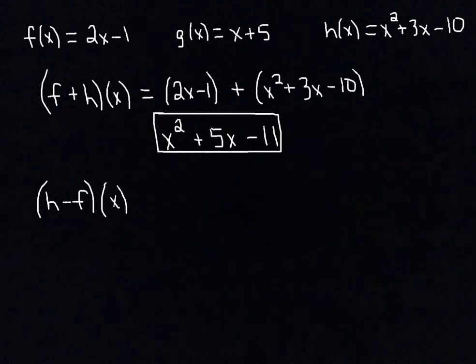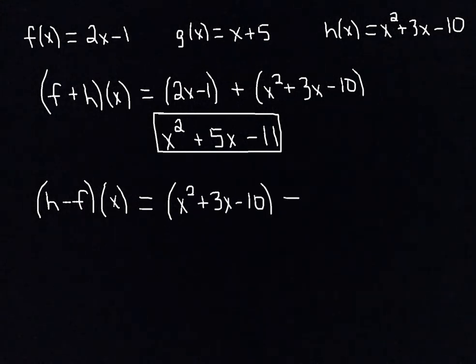Let's take a look at another one, a subtraction one. We have h minus f of x. So it's h of x, so you have to put it in the right order. So h of x, this is x squared plus 3x minus 10, minus whatever f of x is going to be equal to. And f of x is 2x minus 1. So you got x squared, minus no x squared, so you get x squared.